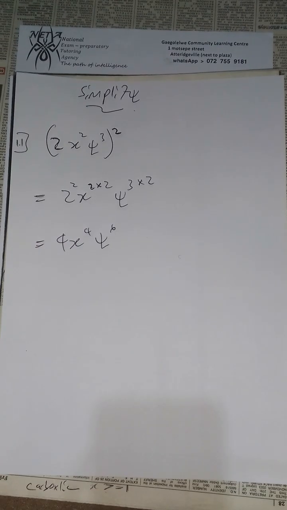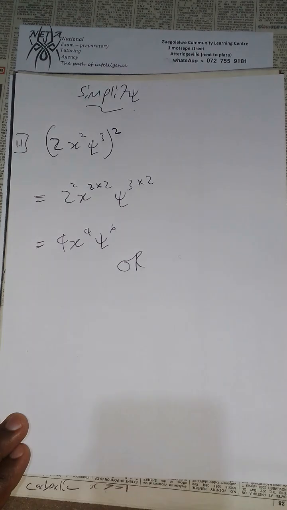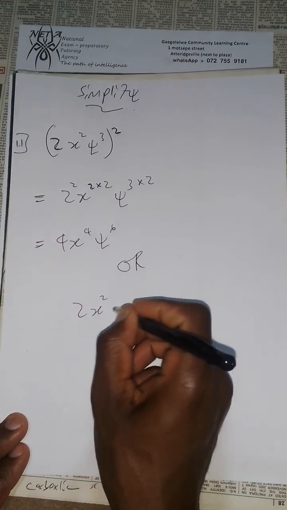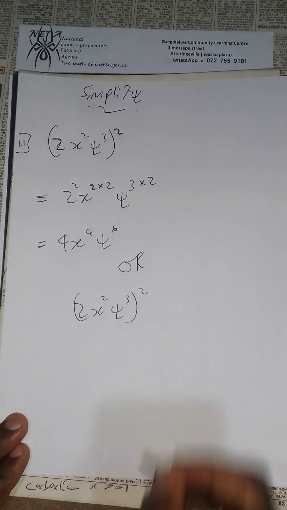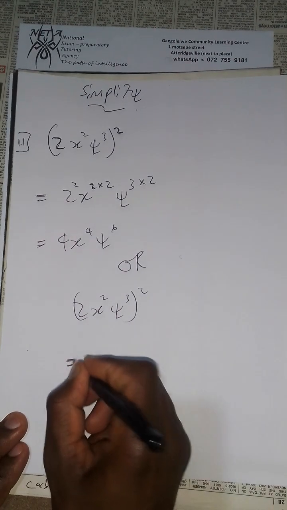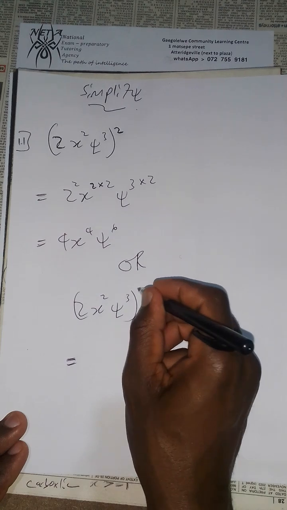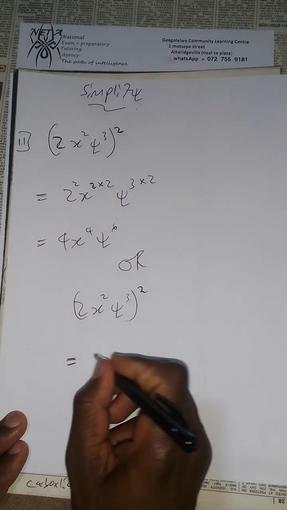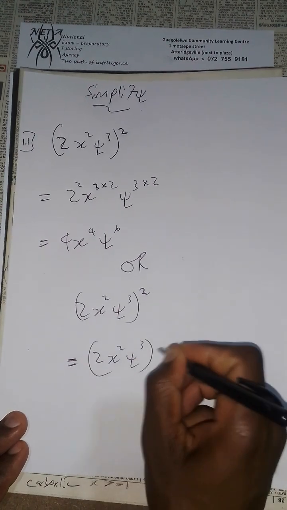Now, this is one way of doing it, but there is another way that this can also be done. Let us explore that avenue of simplifying the given expression. Because we have the exponent of 2 outside the brackets, this means that we can extend our brackets twice.